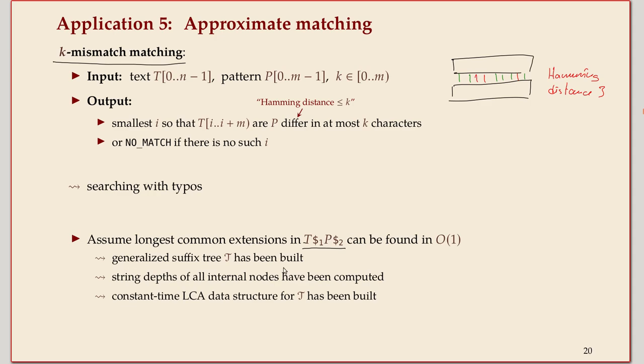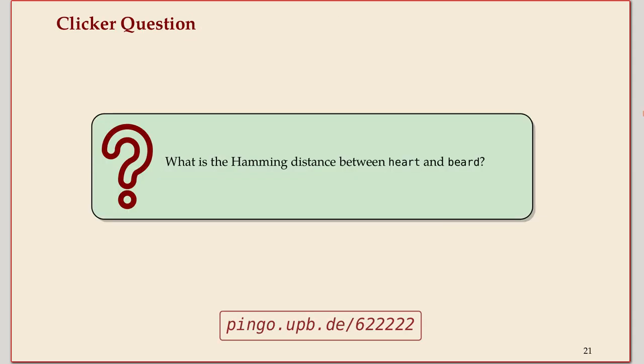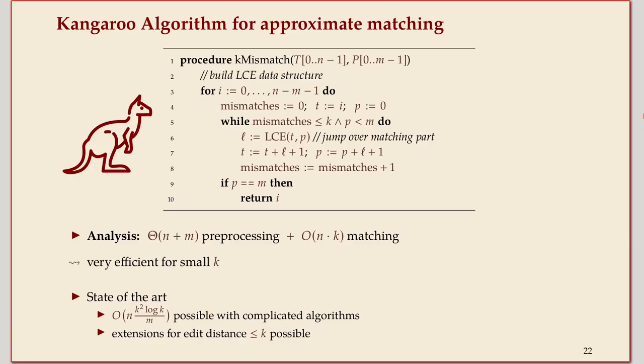For that we will need the generalized suffix tree, and we will have to compute all the string depths in the internal nodes, and then we will have to do the lowest common ancestor data structure from the slide before. That was the black box. Okay, how do we use this to find approximate string matching? How do we find approximate matches with this?